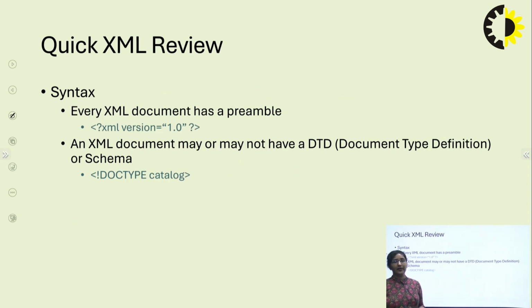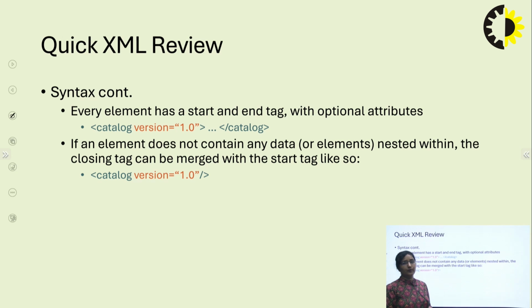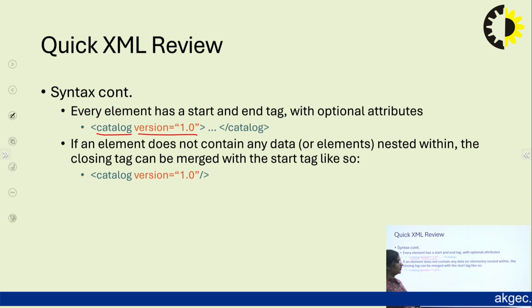So what we have read till now is how to write XML, that is XML version equal to 1.0, and it may not have a DTD or a schema, so I can just write exclamation DOCTYPE, which is catalog. If I investigate further, catalog is the element, version is the attribute of the element catalog, and 1.0 is the value of the attribute version.